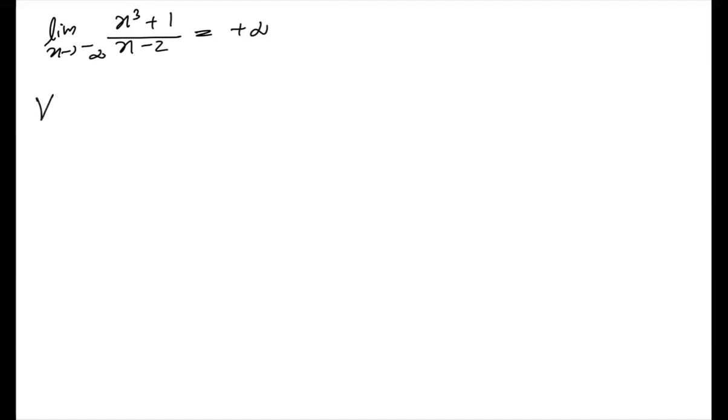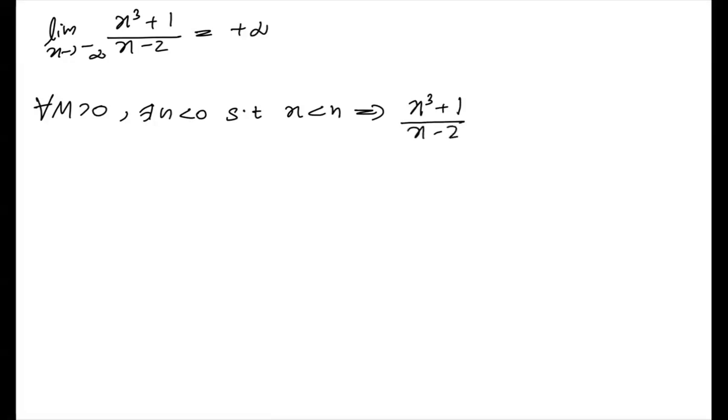For this, we can write: for all m greater than 0, there exists n less than 0, such that x less than n implies x cubed plus 1 divided by x minus 2 greater than m. So this is the thing that we need to prove. We have to find some value of n. Now n should be a negative number as well.